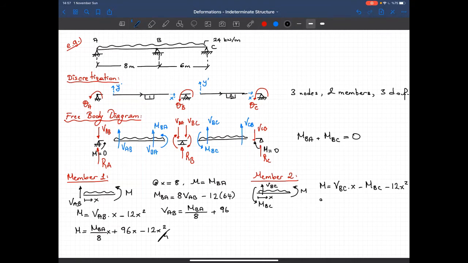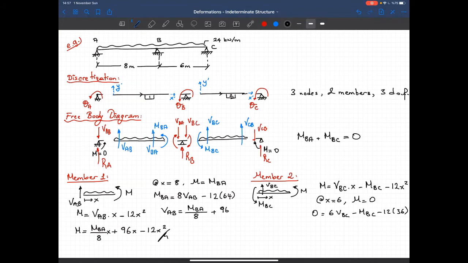So I know that at x equal to 6, the moment is equal to 0, and put it into the moment equation. 0 is equal to 6 times VBC minus MBC minus 12 times 36.